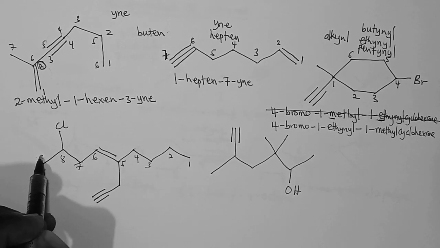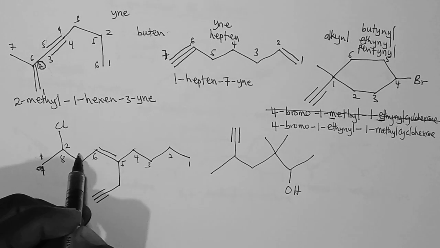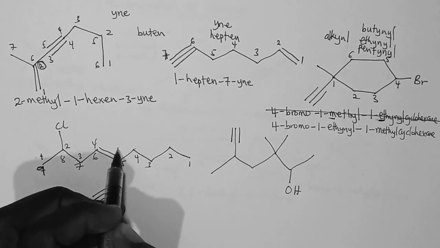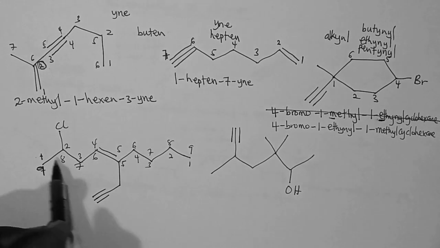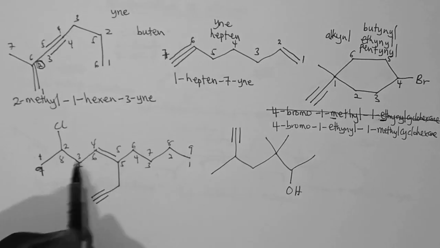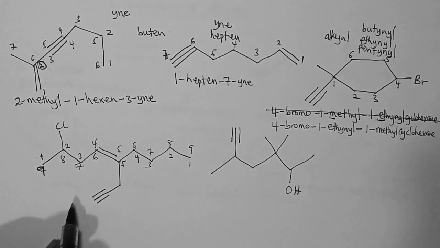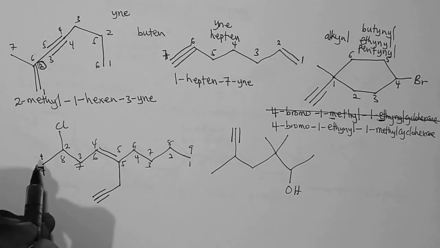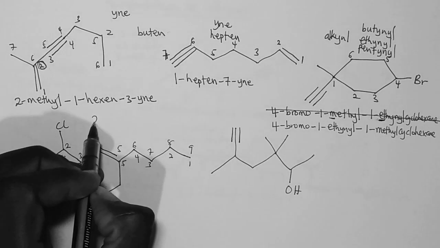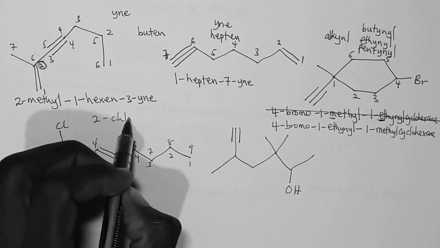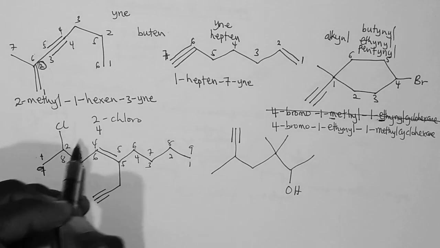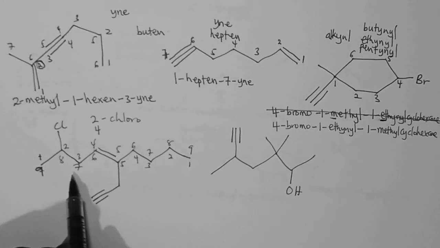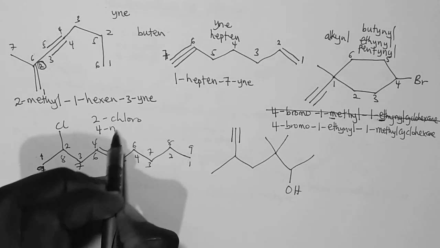If we start from here, it will be 1, 2, 3, 4, 5, 6, 7, 8, 9. So you see that in this way, the alkene is on carbon number 4. 4 is better than 5. And therefore, this is a 2-chloro. So we have a 2-chloro. And we also have a 4-alkene. But then the parent name is a nonene. So 4-nonene.